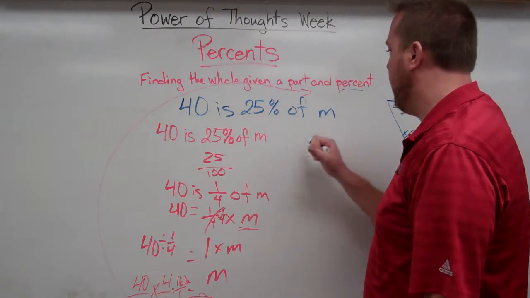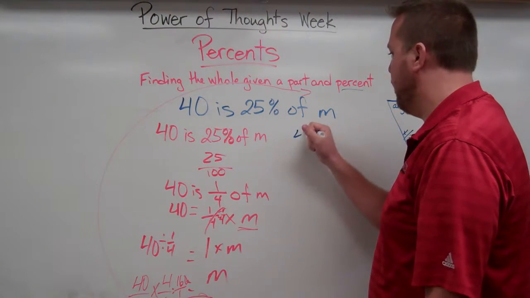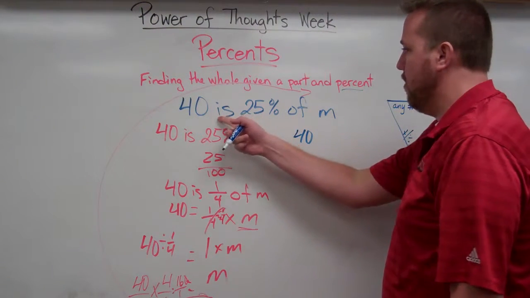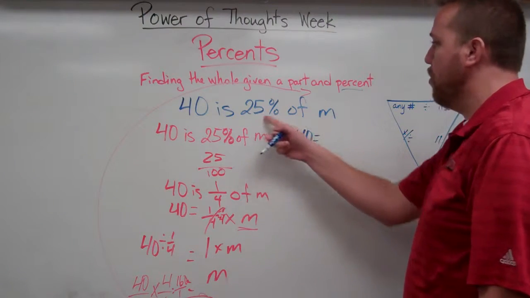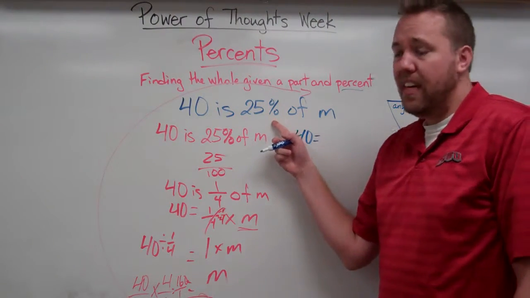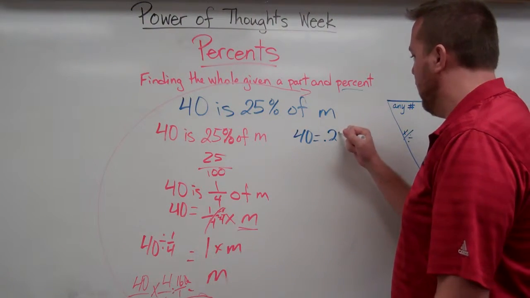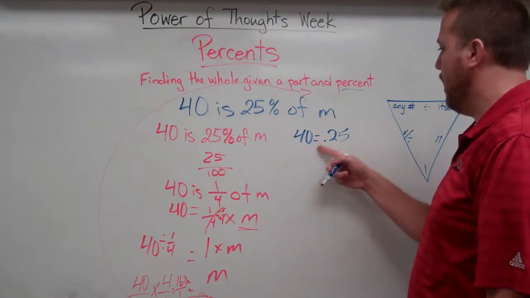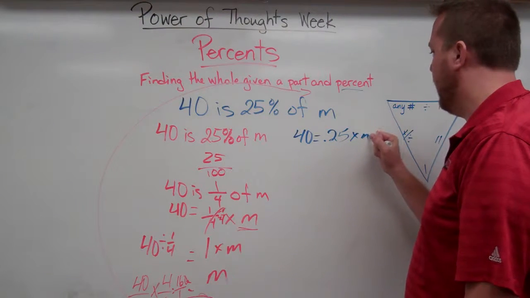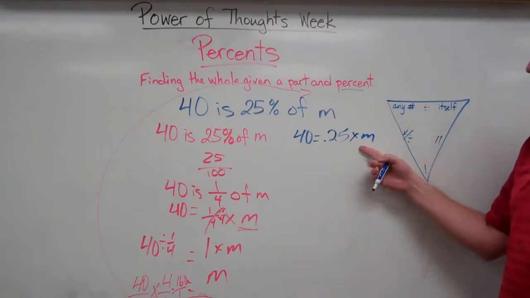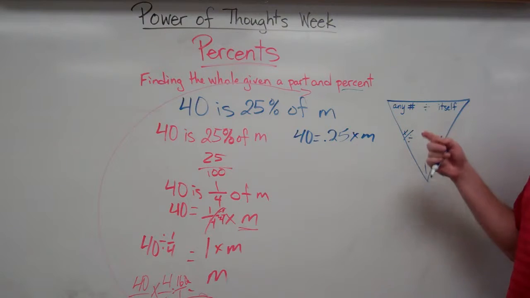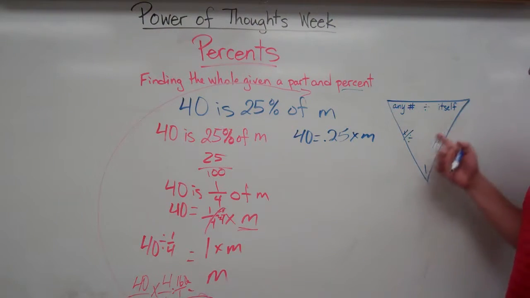40 equals 25% of m. I'm going to rewrite it, substituting equals for is, and 25% as a decimal in hundredths, percent meaning out of 100. So 40 equals 0.25 times m. Reminding ourselves of the fraction triangle of awesomeness, any number times 1 equals itself.